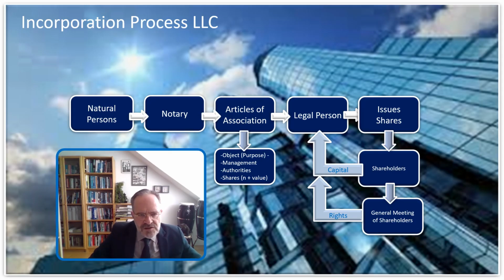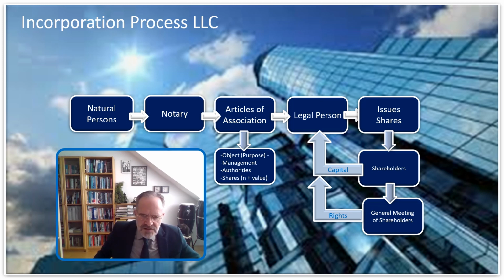This slide provides an overview of the steps involved in creating a legal person. Human beings, one or more natural persons, go, at least in the Netherlands, it may be arranged differently in other countries, to a notary. The notary will help them in drafting the Articles of Association. That's the basic document which outlines the major decisions made in the context of creating the legal person.